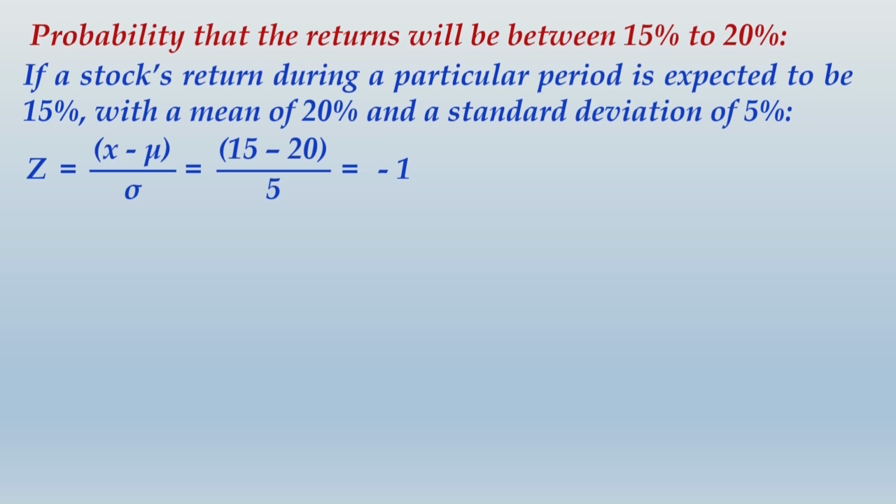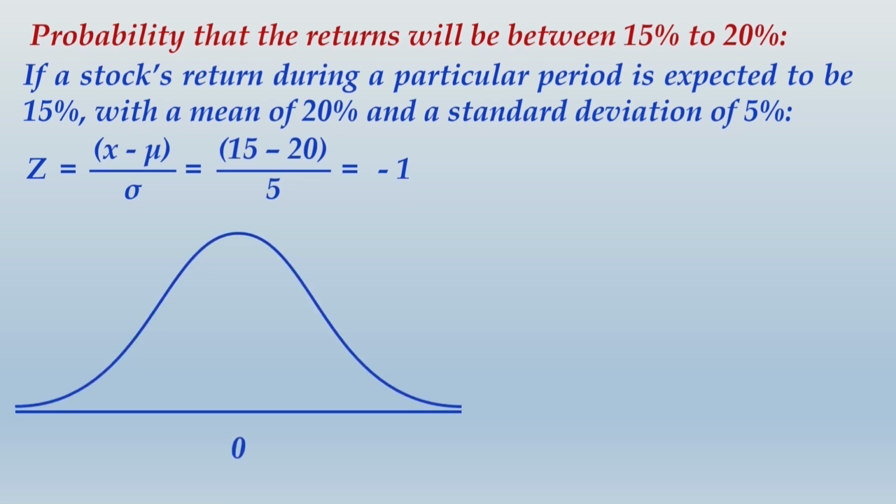Now you should understand one thing, that -1 is not the conclusive answer over here, it is just the Z score. But what lies as a skill set for you is to correctly identify the required area under the normal curve. Now look at one thing, for the returns being equal to mean, that is 20%, the Z value will be 0, we know that already.